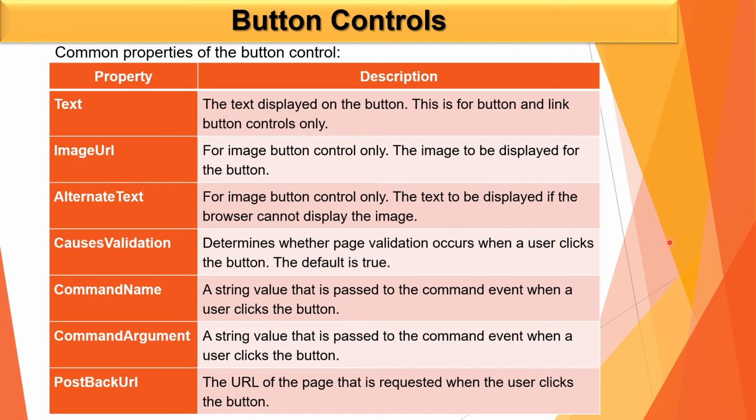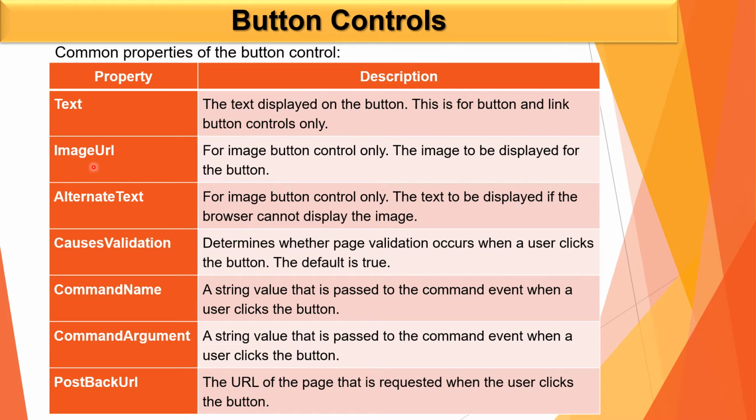What are the different common properties used with the button control? The first important property is Text. The text is displayed on the button, so we can call it a caption. This is for button and link button controls only.